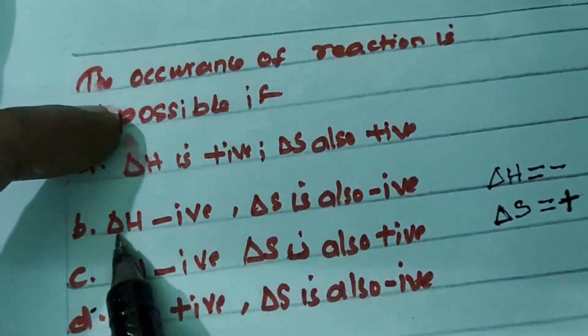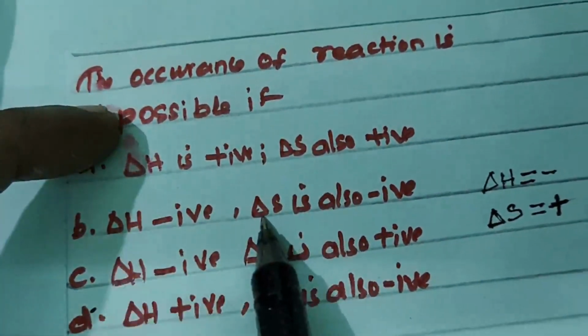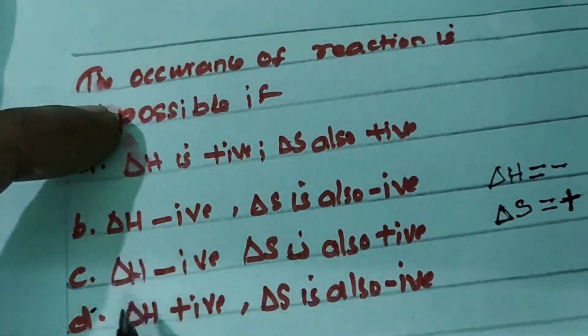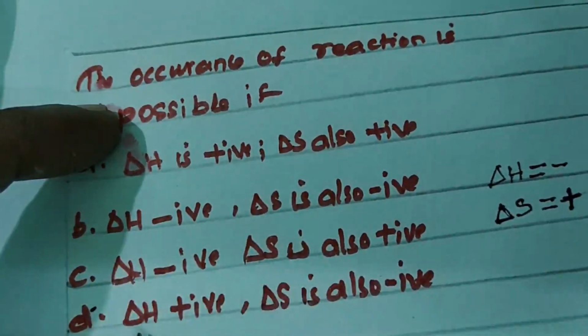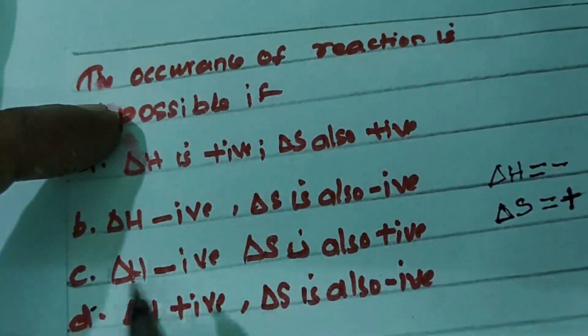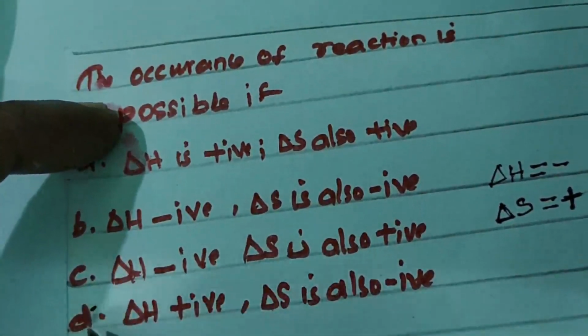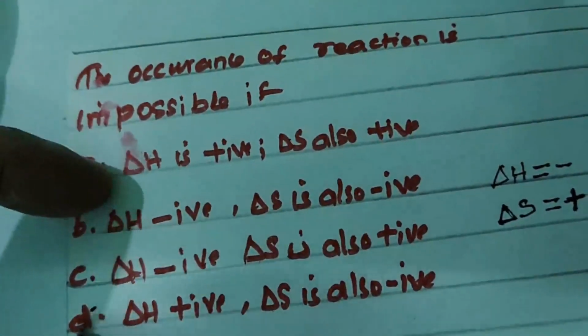Second, delta H negative, delta S negative: here also delta H is satisfied. Third, delta H negative, delta S positive: both are satisfied. But the last one, delta H positive, delta S negative: both are not satisfied. So in this condition the reaction is impossible.